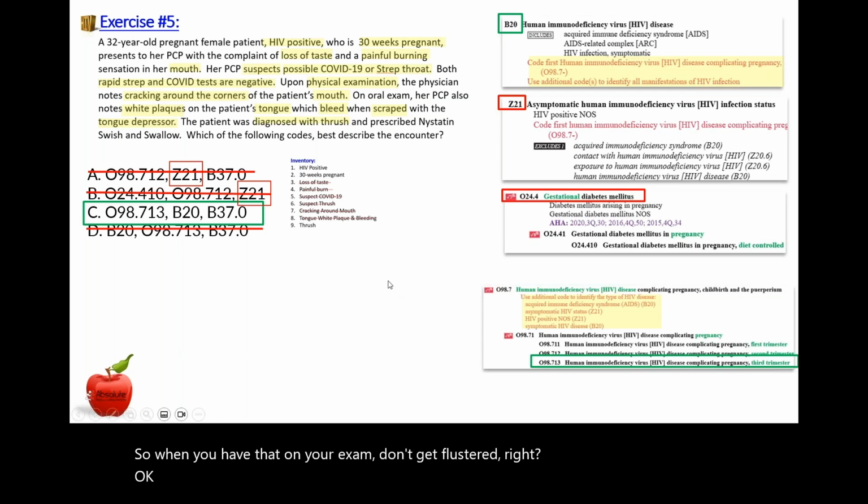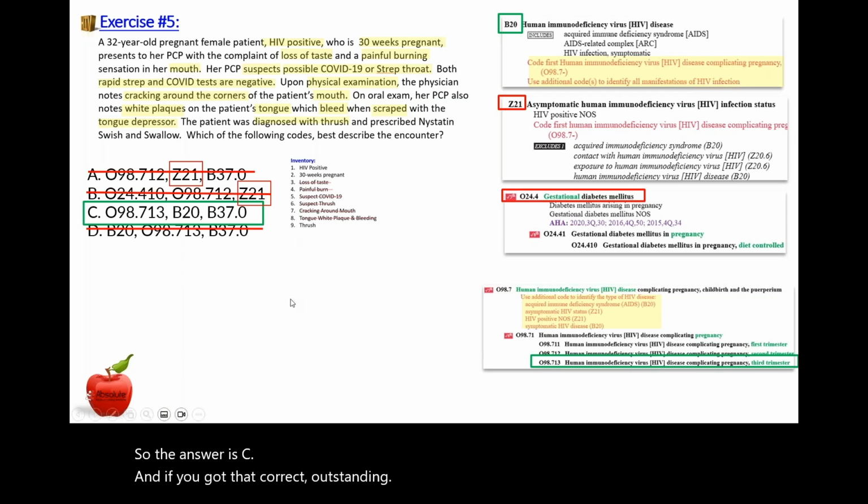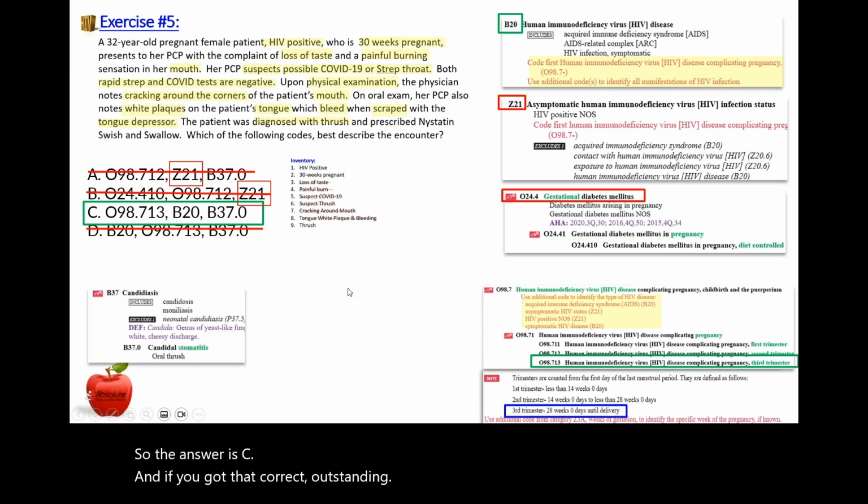Okay. So the answer is C. And if you got that correct, outstanding. Oh, don't forget the candidiasis, B37.0.